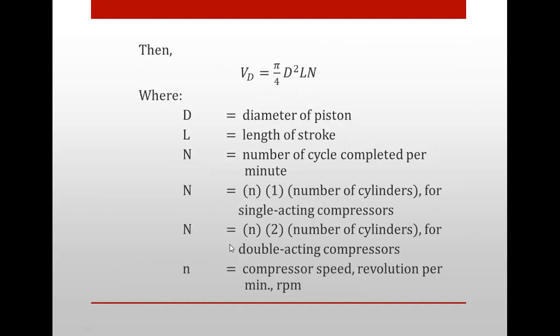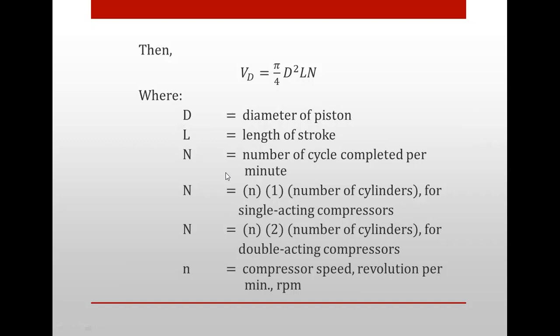Then you can get the displacement volume V sub D through pi over 4 times D squared times L times N, where D refers to the diameter of the piston, L refers to the length of the stroke, and N refers to the number of cycles completed per minute.